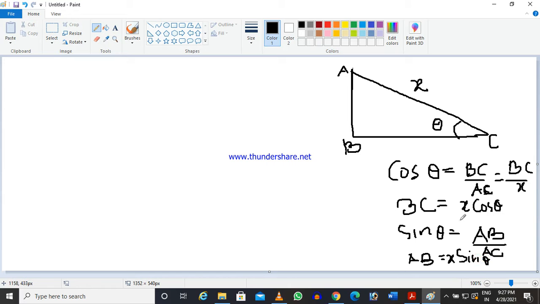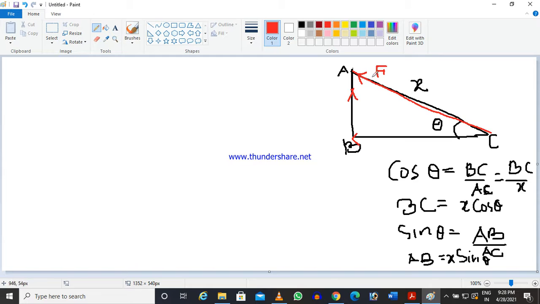Okay, so if this side is represented by a vector or force F, suppose, then the component along BC should be F cos theta, and the component along BA should be F sin theta.